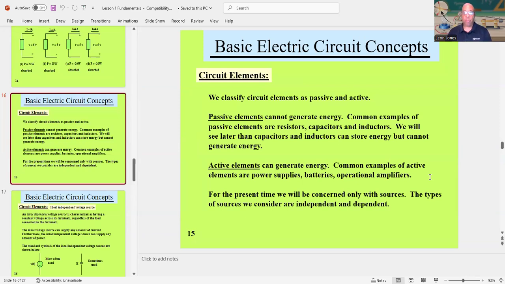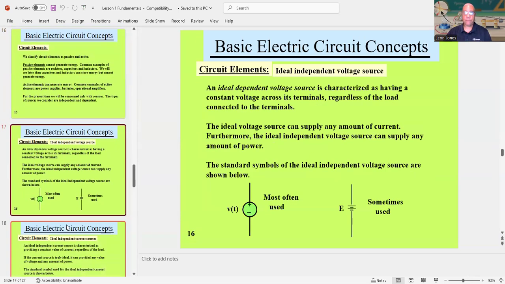So for the present time, we will be concerned only with sources. The types of sources we will consider are independent and dependent. Now, an ideal independent voltage source is characterized as having a constant voltage across its terminals, regardless of the load connected to the terminals.